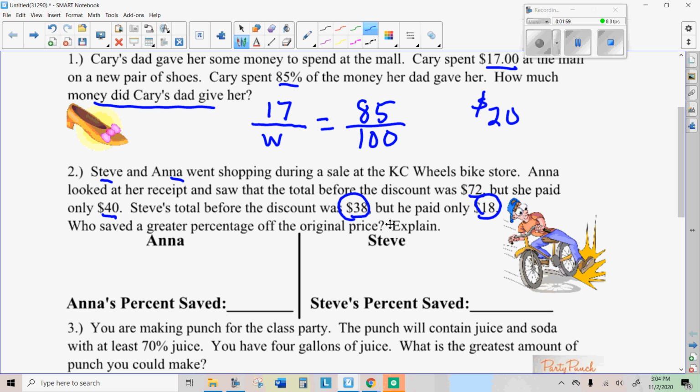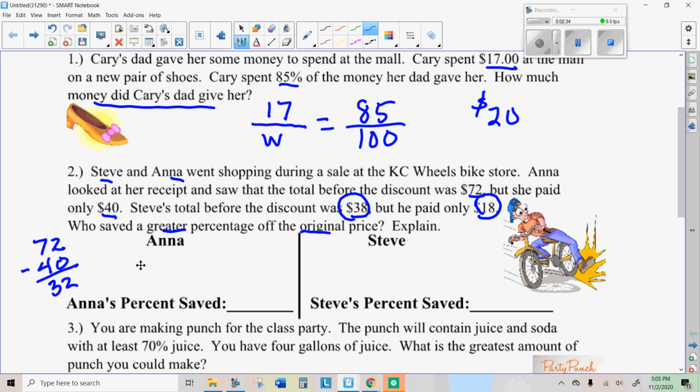All right, so what I like to do on a problem like this is figure out how much she's saving or he's saving and use that in your percent. So what I would do first is take the $72 that she's supposed to pay for the item and then subtract the $40 that she did pay for the item to find out how much she saved, because we want to know what percent that is off the original price.